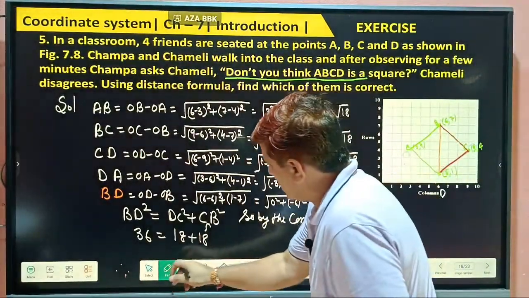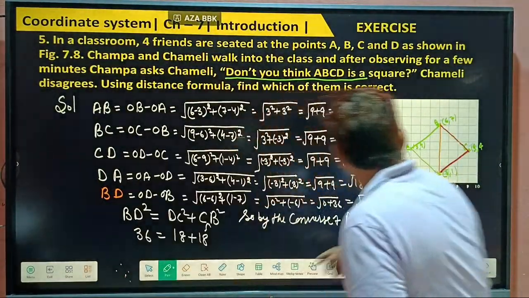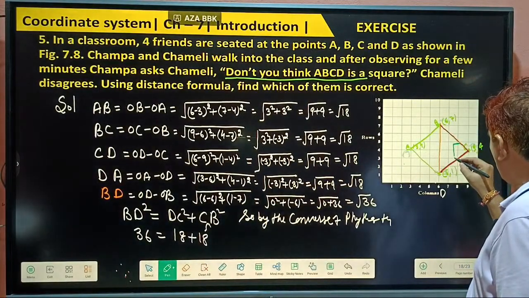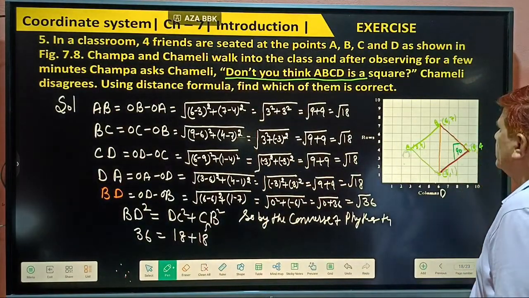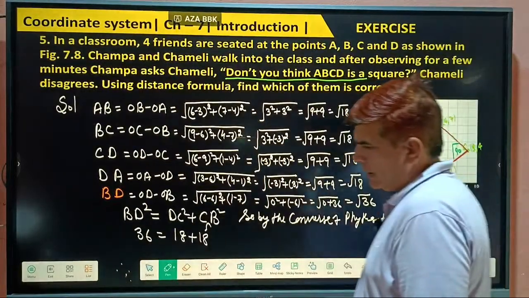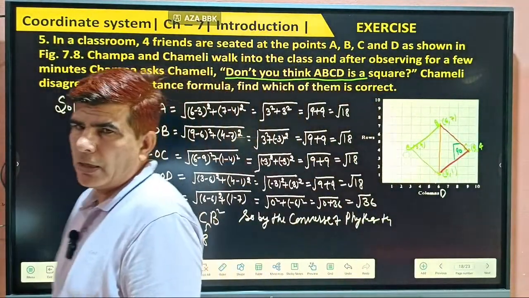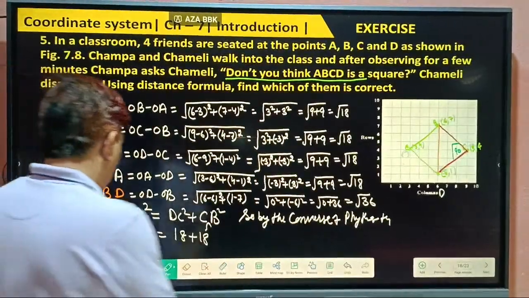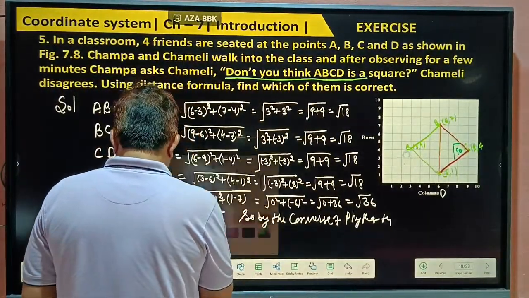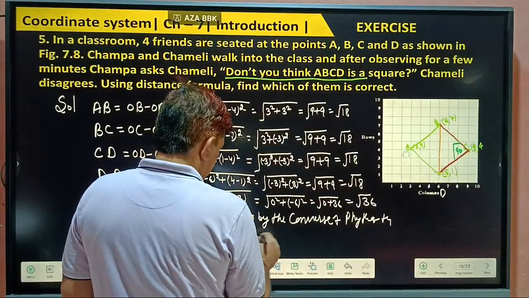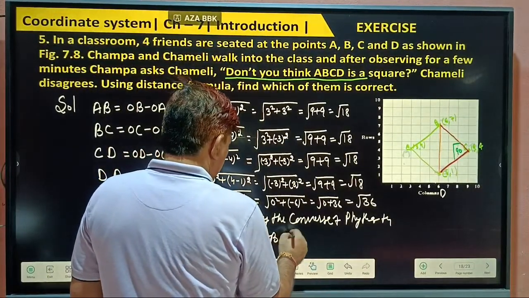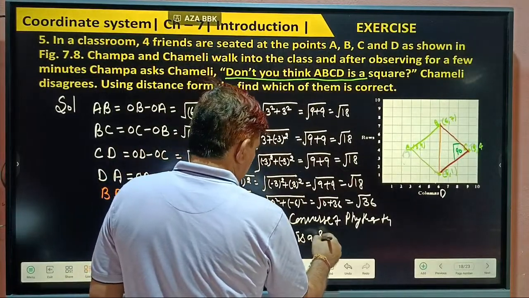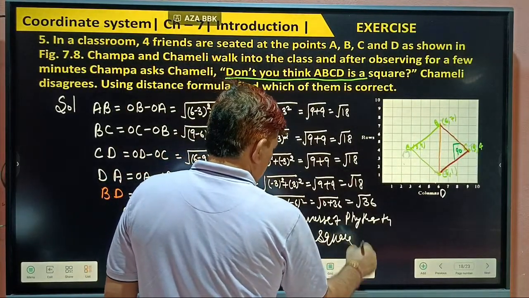This angle becomes 90 degrees. If this angle becomes 90 degrees, the remaining angles also automatically become 90 degrees. So what can we say? Directly we can say, therefore, ABCD is a square.